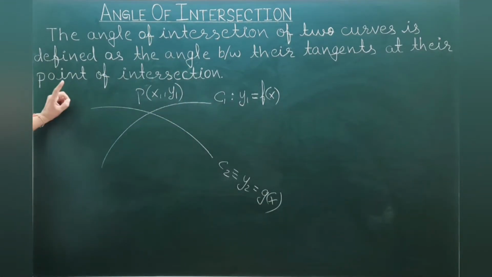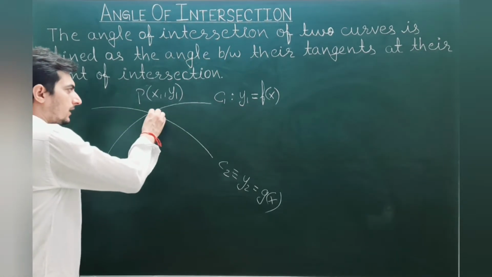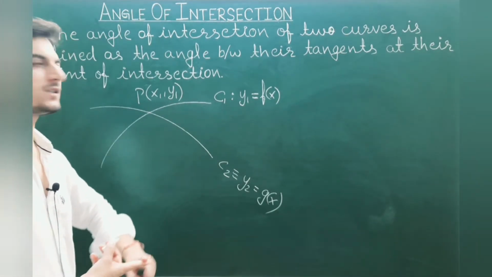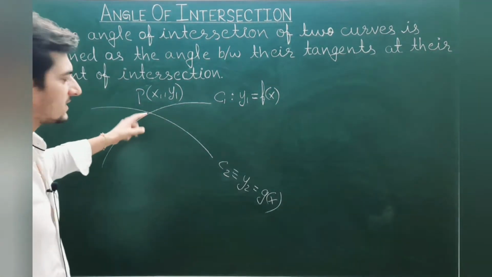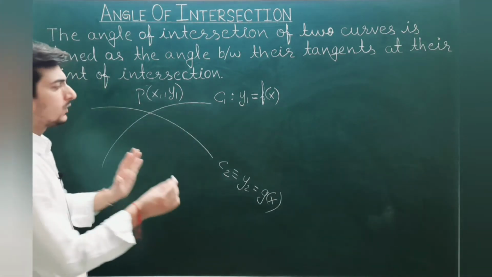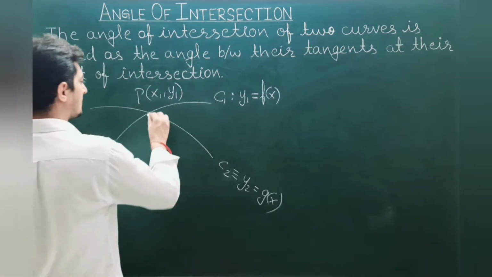Now the angle of intersection of these two curves at this point P is nothing but the angle between the tangents drawn to the curves at this common point. Now I'm going to draw the two tangents, to the curve C1 and to the curve C2.